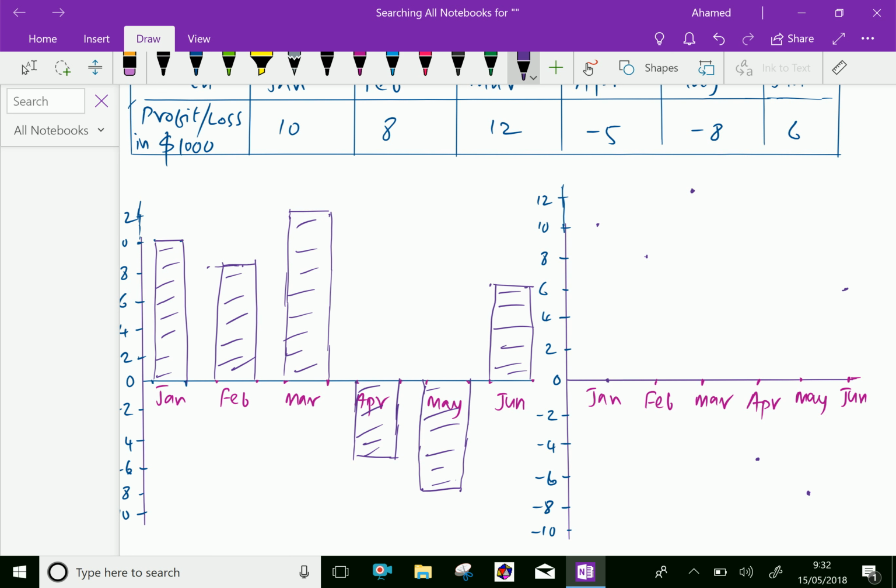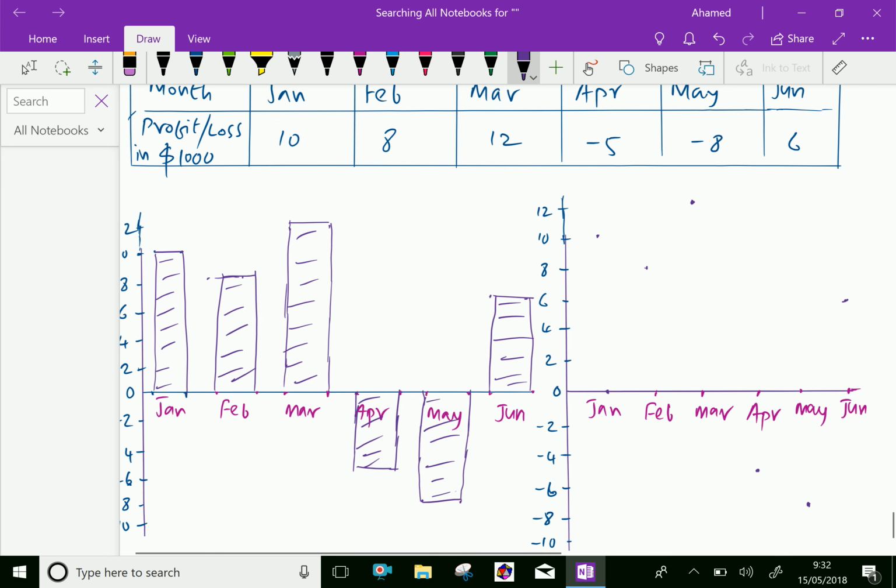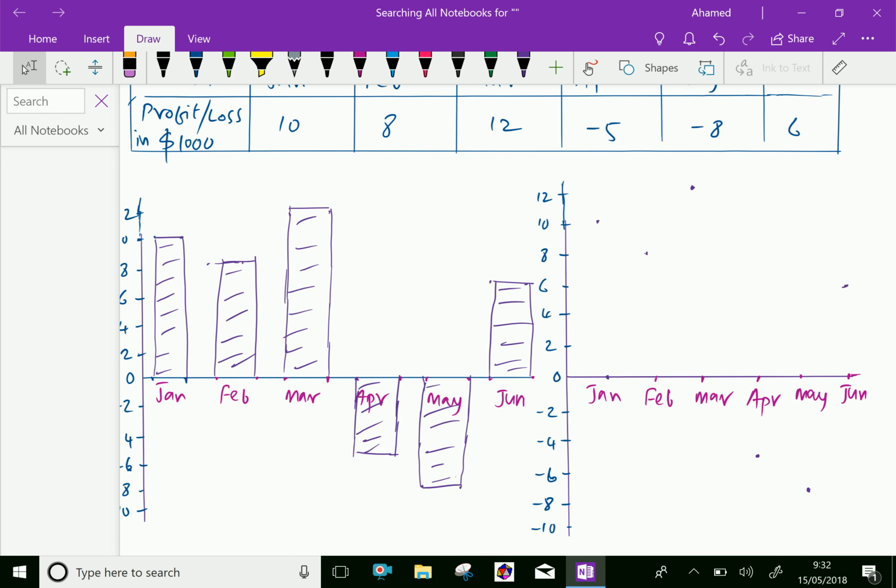Now we can join this graph. For this we have to join those points. We'll change the color here, like this, it's called a line graph.